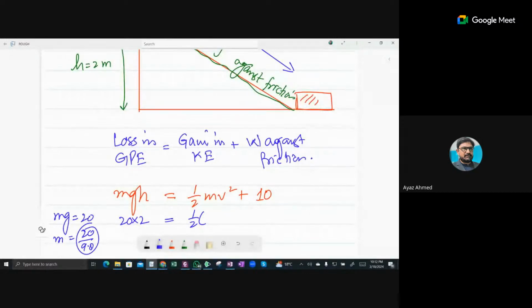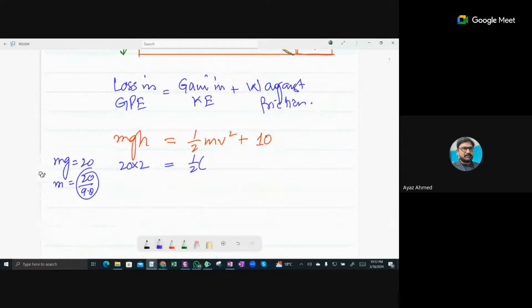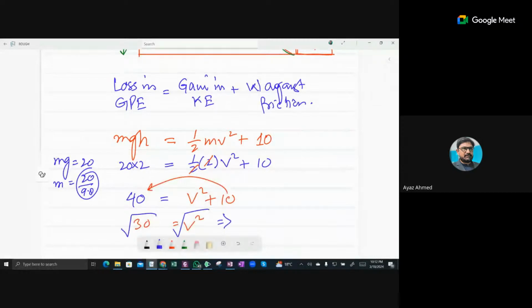Just calculate for me, hurry up. Approximately 2. Yeah, approximately 2. So 1 by 2 times 2, the 2 and 2 are gone. So it is v square plus 10. So your v square is equal to 40 minus 10, so it would be 30. Then you take square root on both sides. So v is equal to square root of 30, and that gives you almost 5.4 meters per second. Got it?